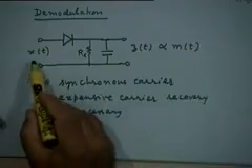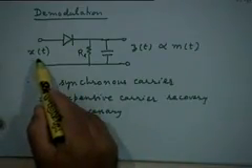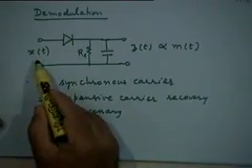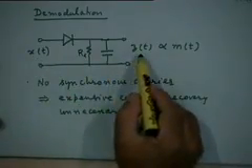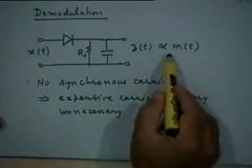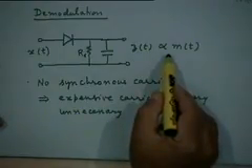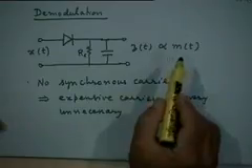And our premise is that if at the input you apply the amplitude modulated signal x of t, the output z of t will be proportional to the message waveform m of t, right?